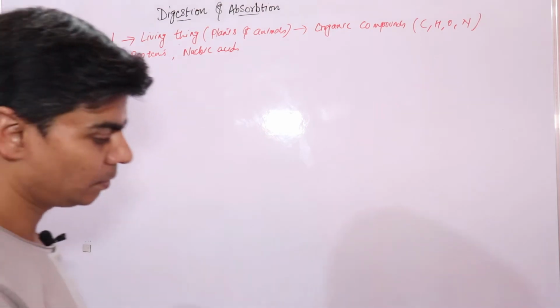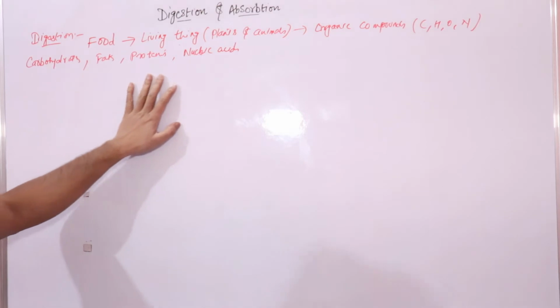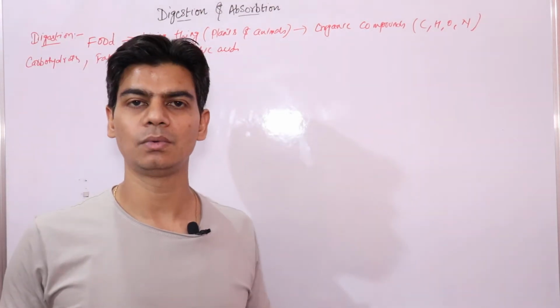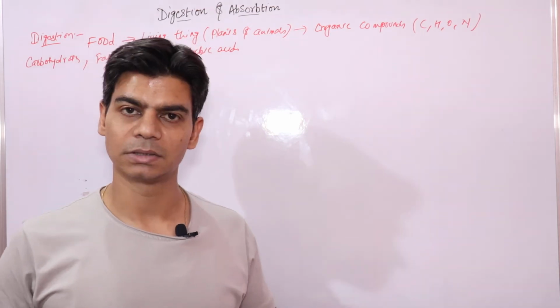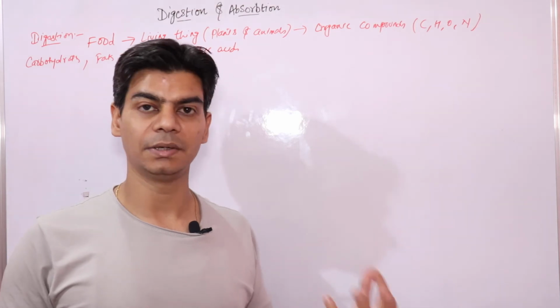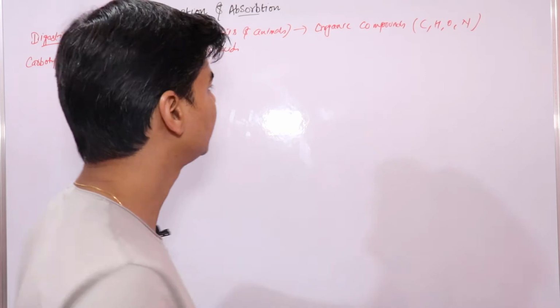And in our diet, in addition to carbohydrates, fats, proteins, nucleic acids, we also have small amounts of vitamins and minerals. We should have small amounts of vitamins and minerals, because deficiency of these vitamins and minerals can cause human diseases, right?